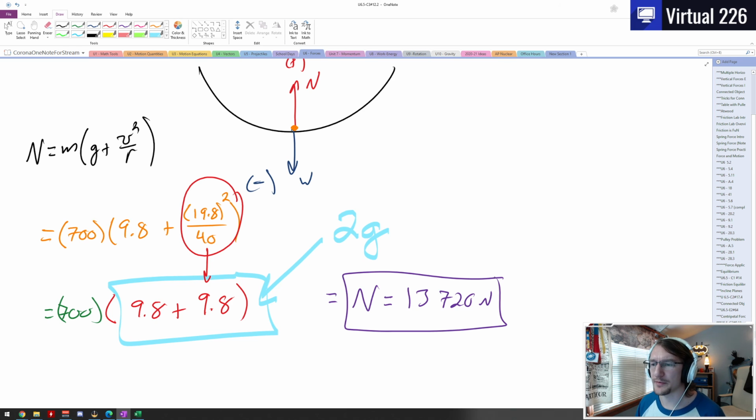Pilots can pull 8, 9, 10, 11, 12 G's of acceleration, which means they feel 12 times as heavy. So if you weighed 200 pounds, all of a sudden you weigh, what would that be? 2,400 pounds, something like that. If you went 12 G's, it got a little bit heavier. They have all sorts of advanced things that they use to do that.